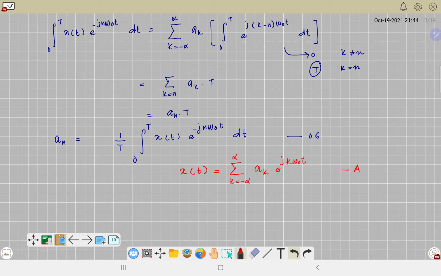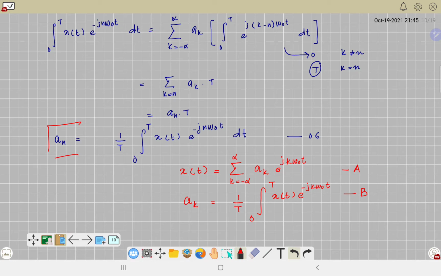And then to find the coefficients, from the analysis we did here, we will be using a of k equivalent to 1 by T integral 0 to T x of t e raised power minus j k omega naught t dt. Please don't get confused that I'm using k instead of n. You have to see what k and n represent. They simply represent integers. So you can use k, you can use n, it doesn't matter. They are general representations of integers.